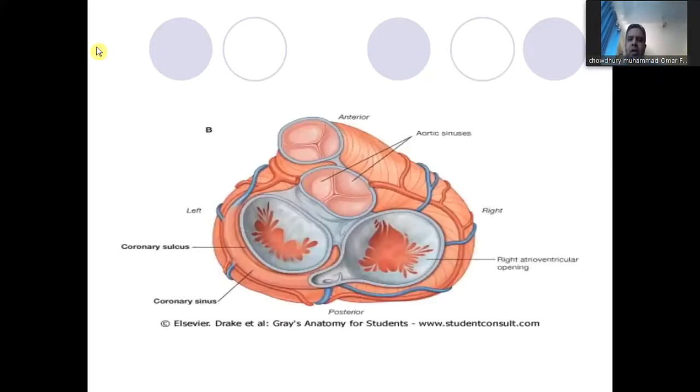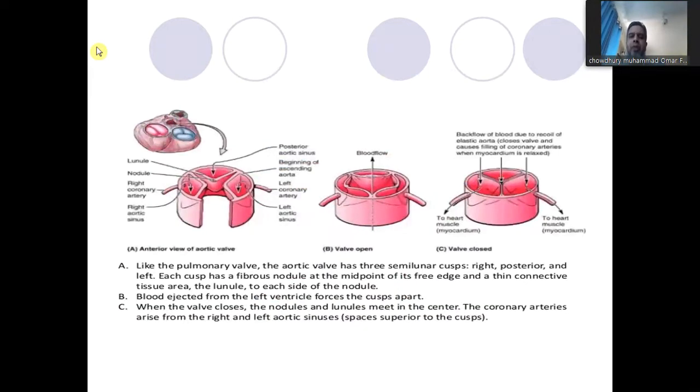This is the relationship between the aortic sinus, coronary sulcus, and the right atrioventricular opening, and from the aortic sinus, both left and right coronary arteries arise. This is also the origin of the coronary arteries from the right and left aortic sinuses.